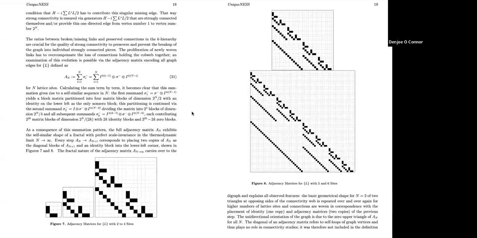For the jump, it's just basically taking the diagonal blocks. So for each doubling of the Lindblad space dimension, for each additional lattice site, you put the previous block you had in the diagonal blocks of the new adjacency matrix, and an identity in the lower left.